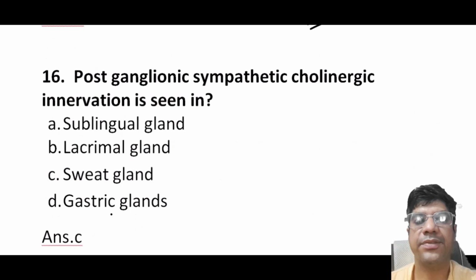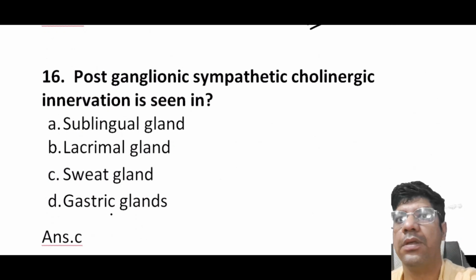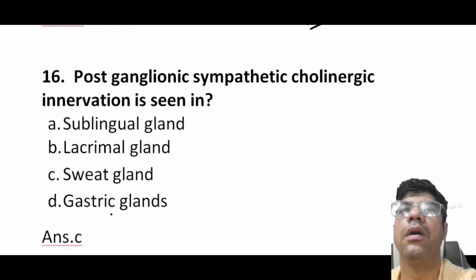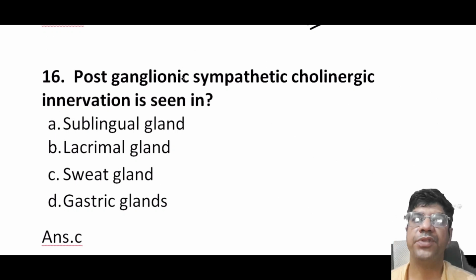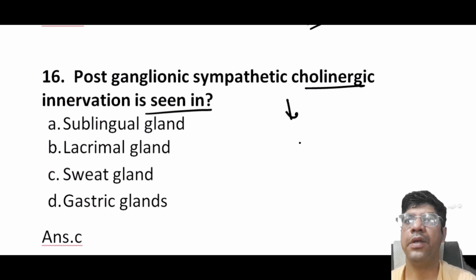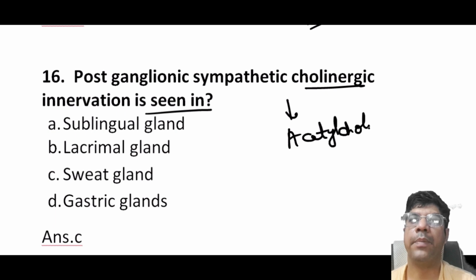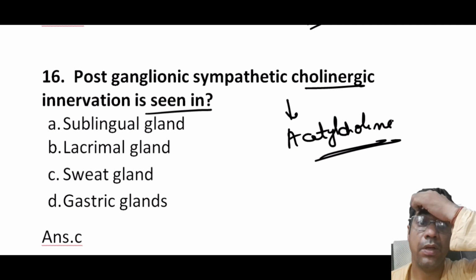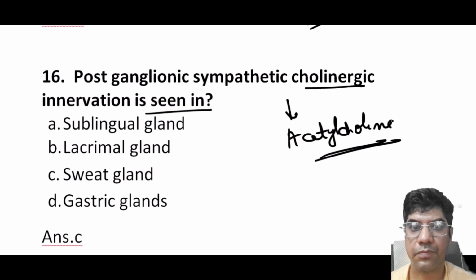Coming to the next question. The post-ganglionic sympathetic cholinergic innervation it is seen in. Well, the post-ganglionic sympathetic cholinergic innervation refers to the release of the neurotransmitter acetylcholine by the post-ganglionic sympathetic nerve fibers on their target tissue.